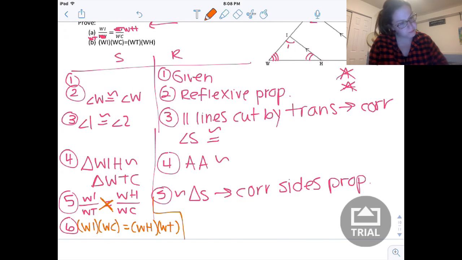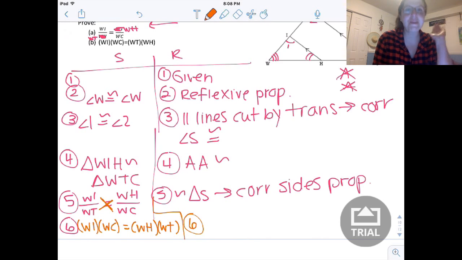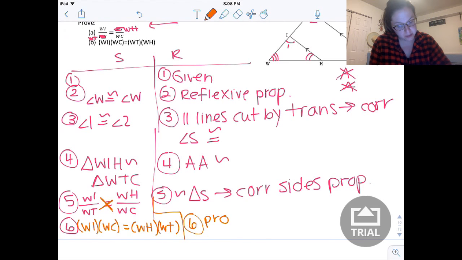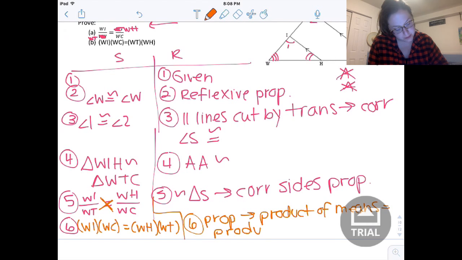And this then says, okay, well, what's the way we say that? Our reason, why do we always say that, is to say, okay, we cross multiplied. We would say the product of a proportion implies the product of the means equals the product of the extremes.